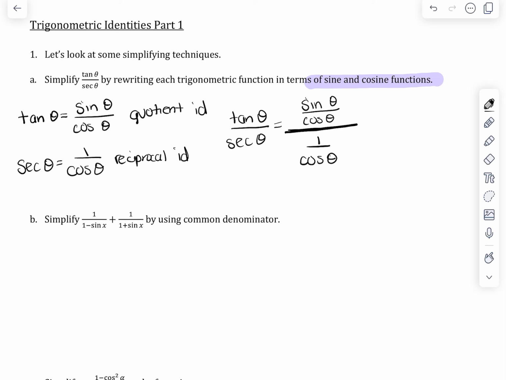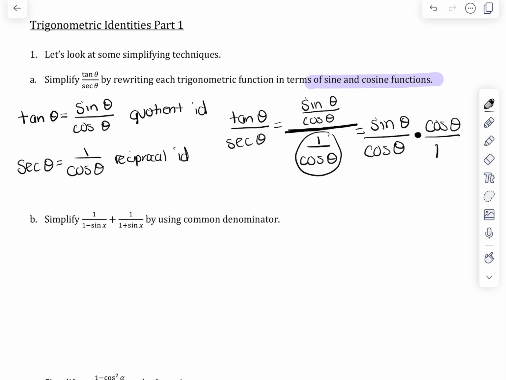And then what we're going to do here to simplify is use algebra. We're going to do what we normally do, which is when we divide by a fraction, we multiply by the reciprocal. So the top is going to stay the same, but this little guy right here, when I bring it to the top, I take the reciprocal of it, so I switch the bottom and the top.